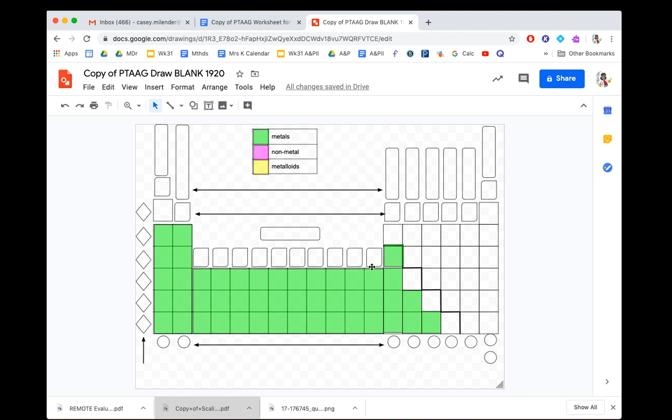Now, another way to identify the fact that they're metals is by their group name. So this first column, they're called the alkali metals. Tells you right there that they're metals.